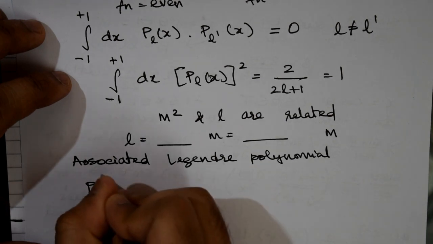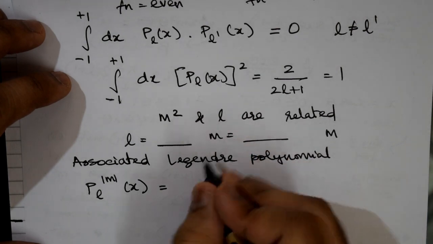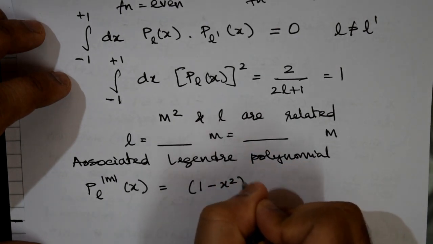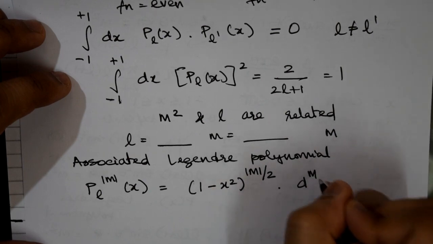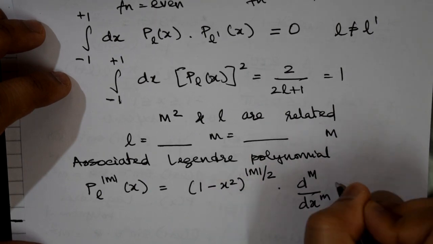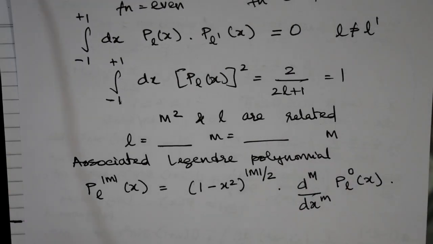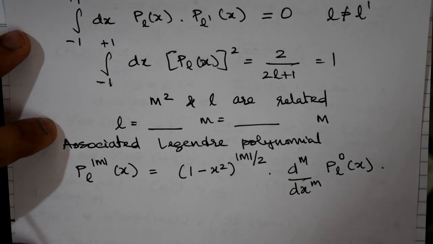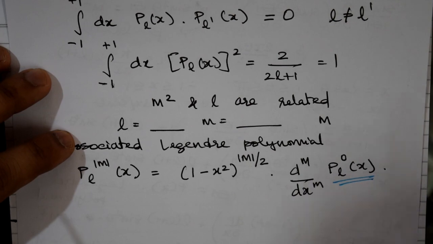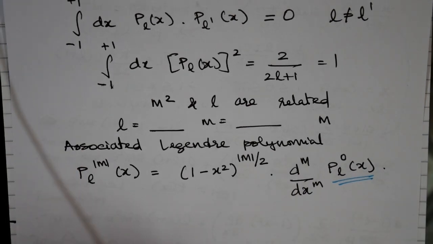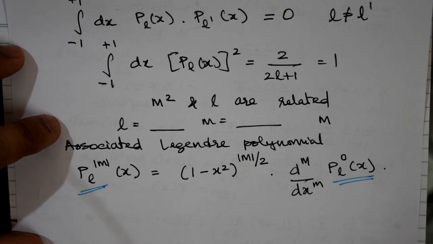P_L of mod m as a function of x is going to be given by 1 minus x squared to the power mod m over 2 times d^m by dx^m of P_L of 0 for that value of x. So meaning that the moment you get to know what are all the Legendre polynomials associated with m equal to 0, you will be able to deduce any of the other ones. So why don't we take a quick look at one of them.